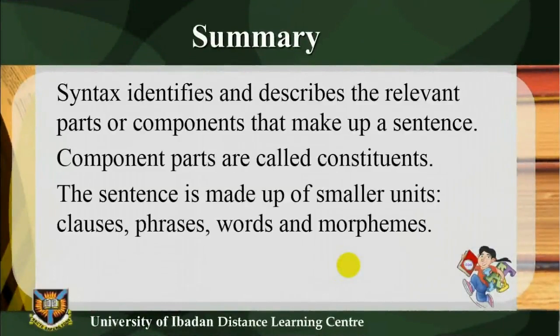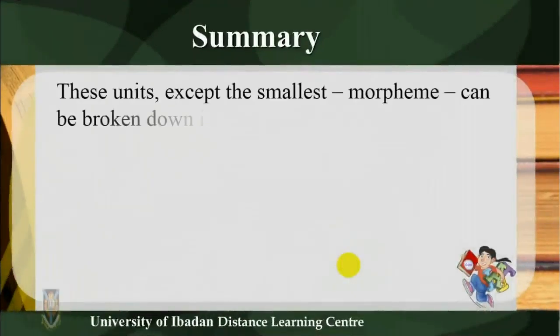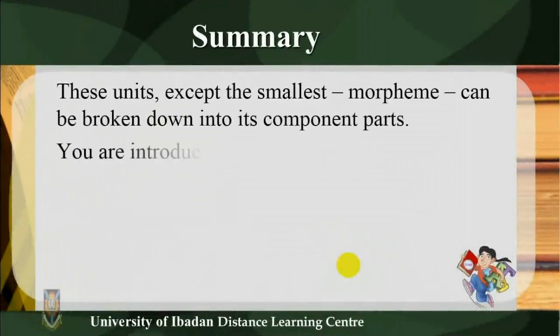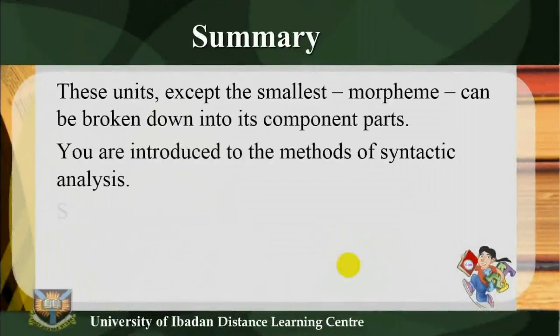Component parts are called constituents. The sentence is made up of smaller units: clauses, phrases, words, and morphemes. These units, except the smallest, the morpheme, can be broken down into component parts.